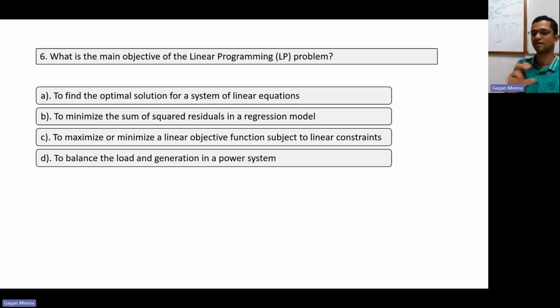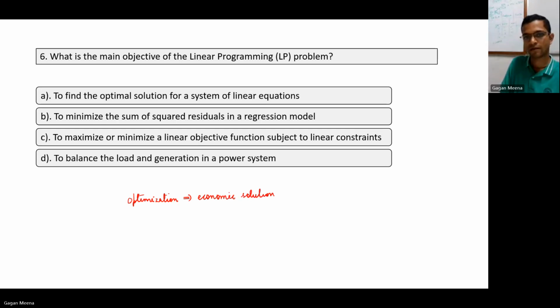The optimization will give us an economic or optimal solution which is cost effective, but it is realized or materialized using control, only by control.